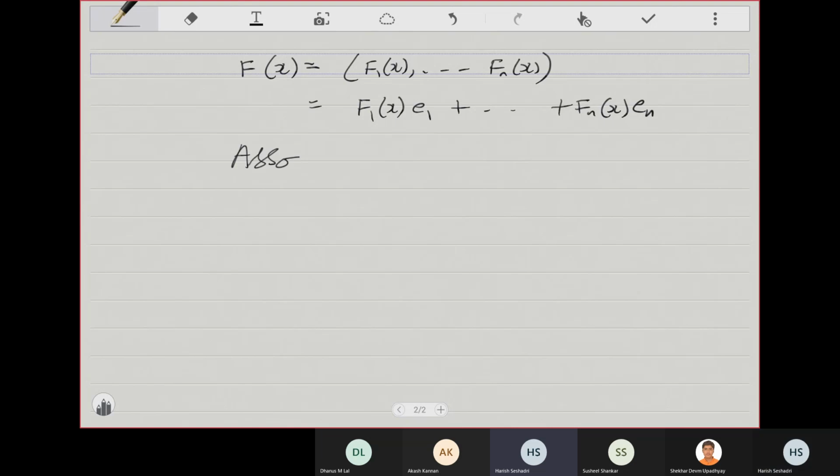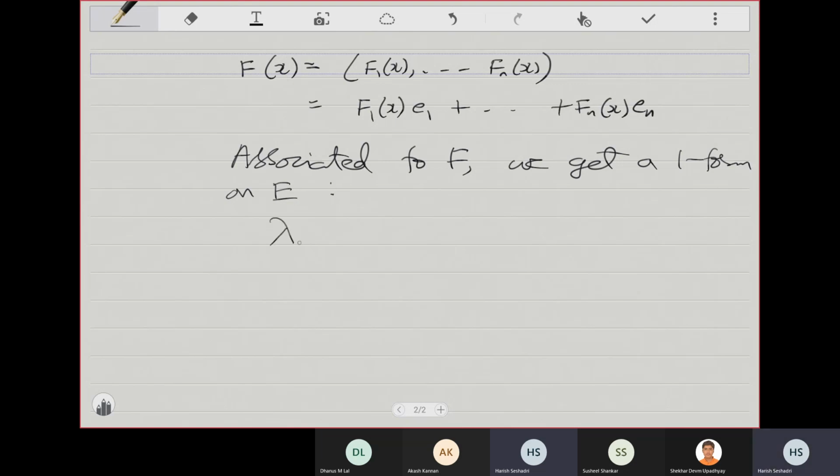Associated to F, we get a 1-form on E, which I'll denote by lambda subscript F. All you do is take the same functions f1, f2, etc. Instead of e1, e2, en, you just put dx1, dx2, and so on: f1(x) dx1 plus ... plus fn(x) dxn.